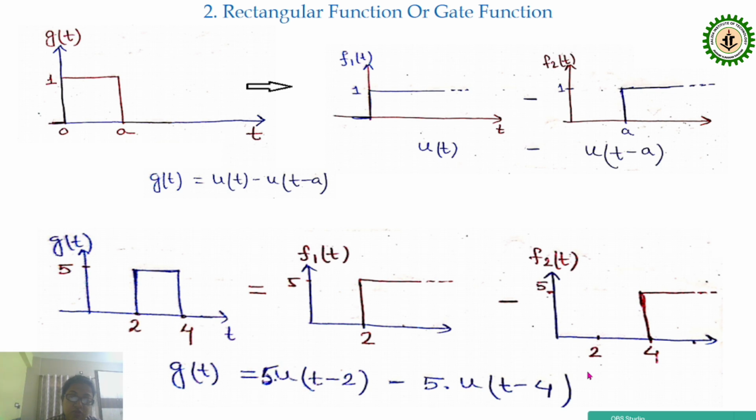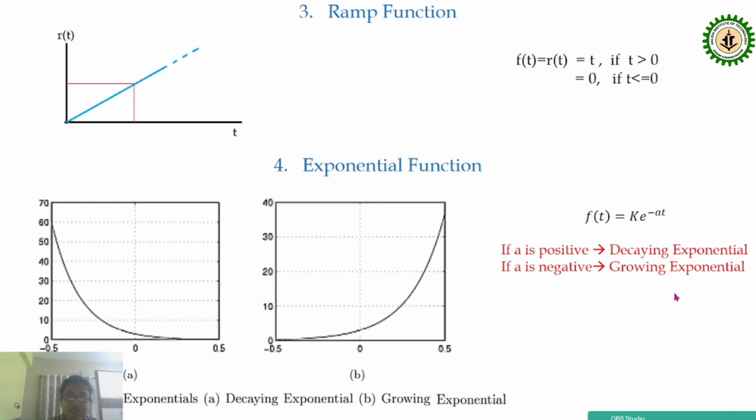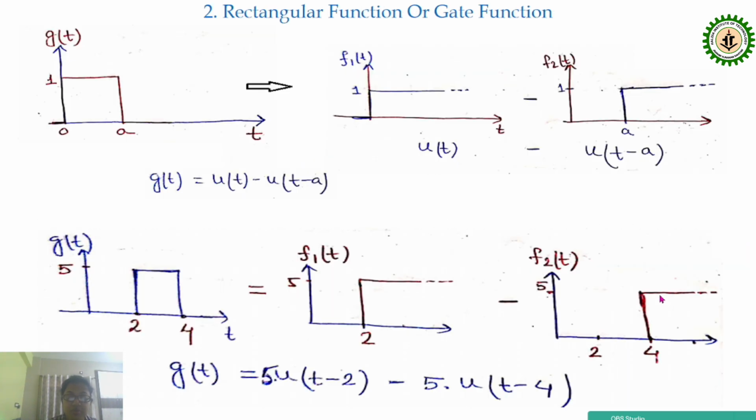That means after subtracting, only the part from 2 to 4 will be there, and the remaining part will be discarded. This way we can find the expression of a gate function in terms of step functions.